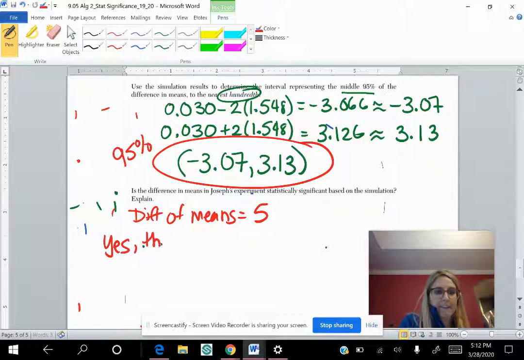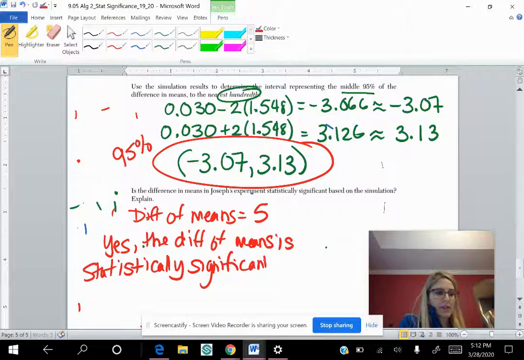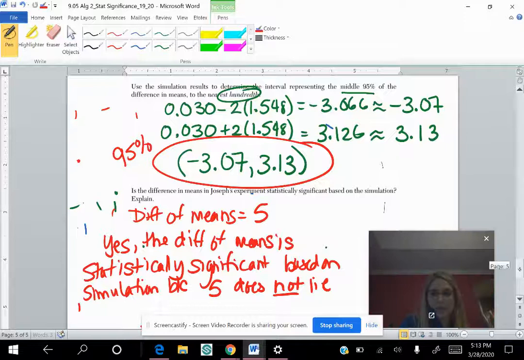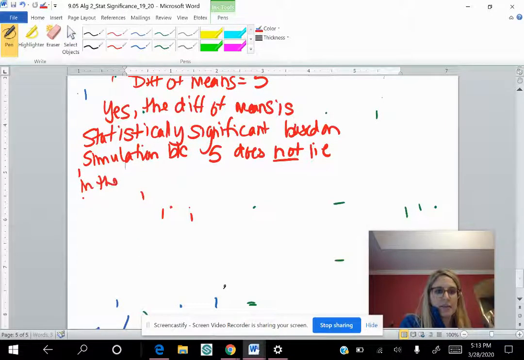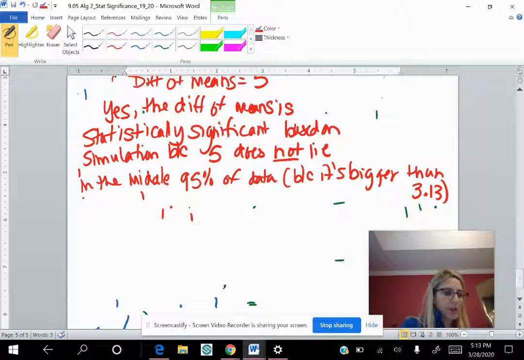So yes, the difference of the means is statistically significant based on the simulation, because 5 does not lie in the middle 95% of the data, because it's bigger than 3.13, which is your largest number within that interval.